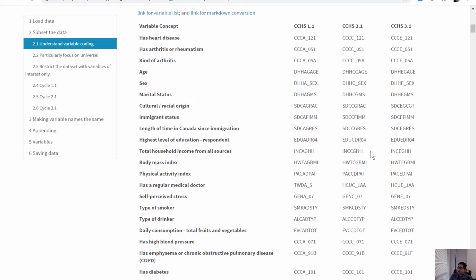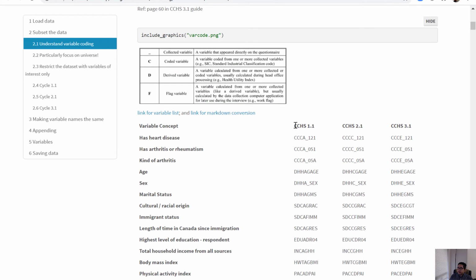Since we are using 3 different cycles of the data, these variable concepts have slightly different names in all of these different cycles.